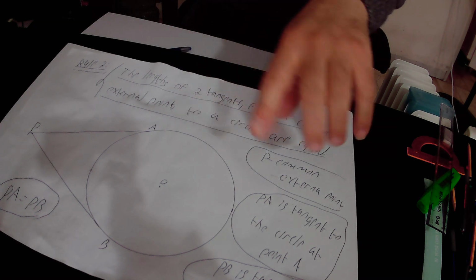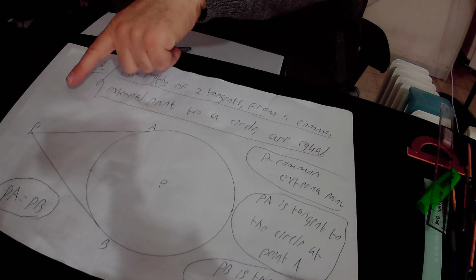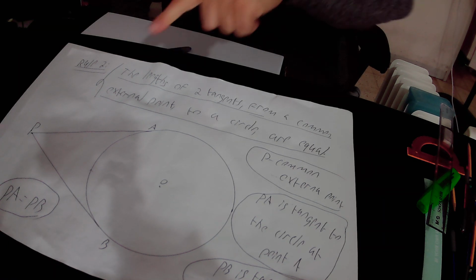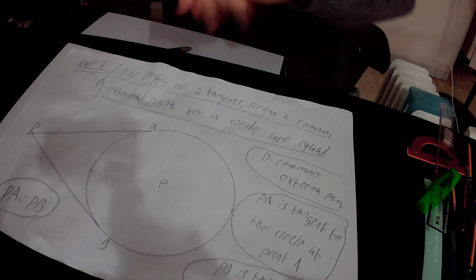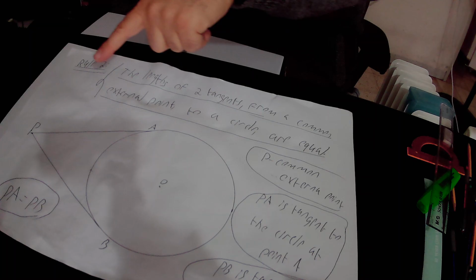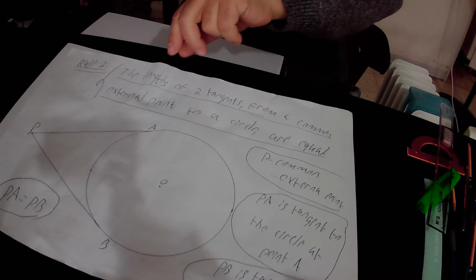In the drawing we have a circle and also this common external point, point P. From the common external point, point P, we have two tangents to this circle, tangent PA and tangent PB. According to this rule 2, they are equal to each other. That is to say, PA equals PB, or the length of tangent PA equals the length of tangent PB.